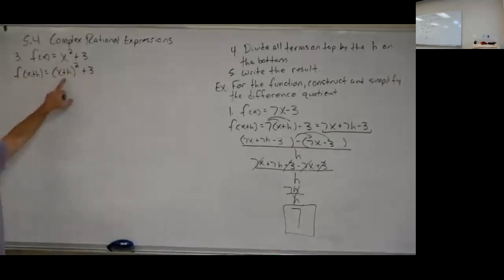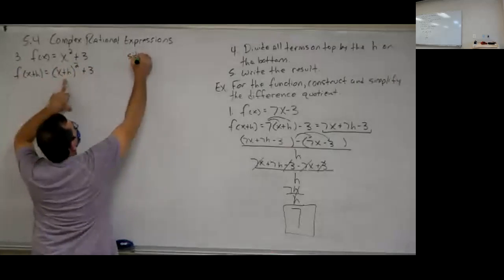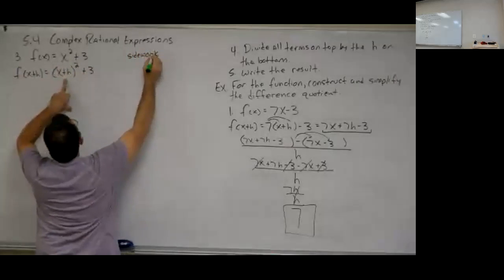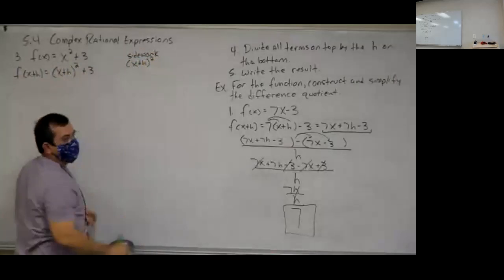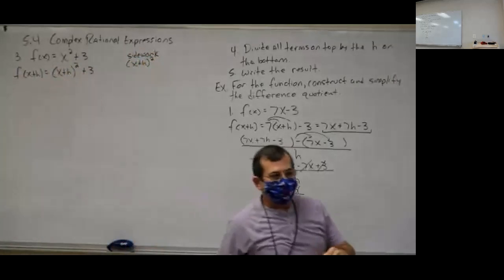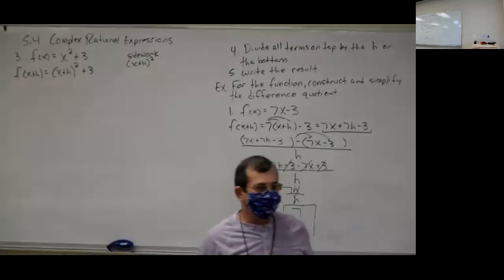Uh-oh, I got an x plus h being squared here, so I'm going to do side work and figure out what x plus h squared is. Once we figure out what x plus h squared is going to be, save it for later, because it's always going to be the same, okay?